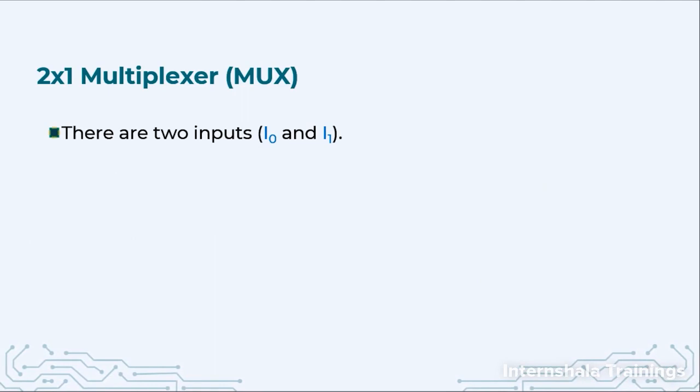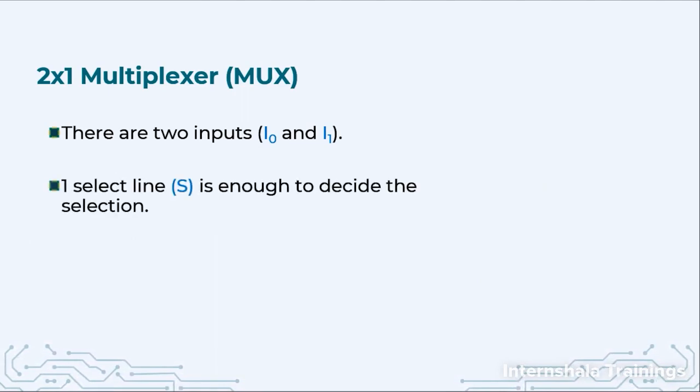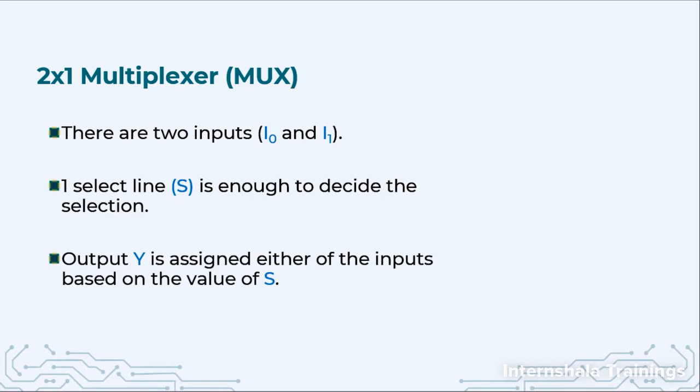So let us talk about the simplest one, and that is a 2 cross 1 multiplexer. There are going to be two inputs. We are naming them I0 and I1. If there are two inputs, we need only one select line and the name is S. The output variable is Y and the values of input variable will be assigned to Y based on the value of S. If S is 0, we say Y is I0.